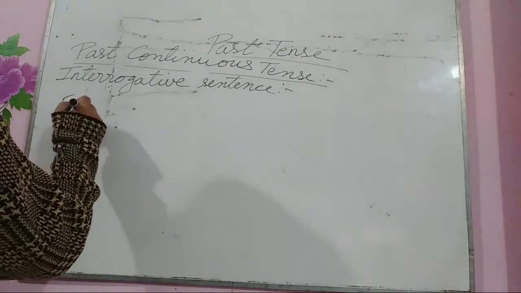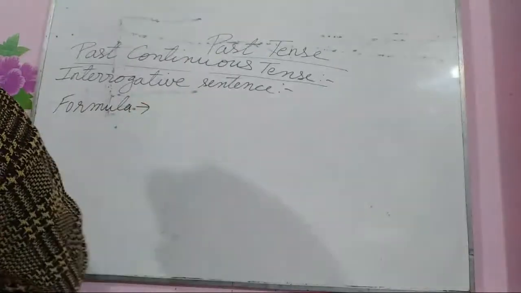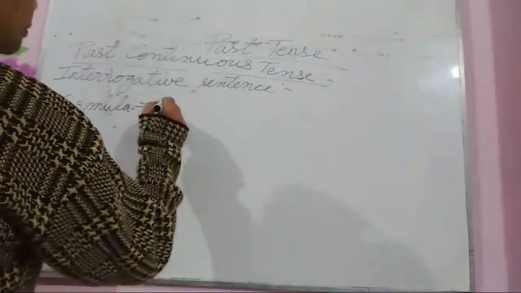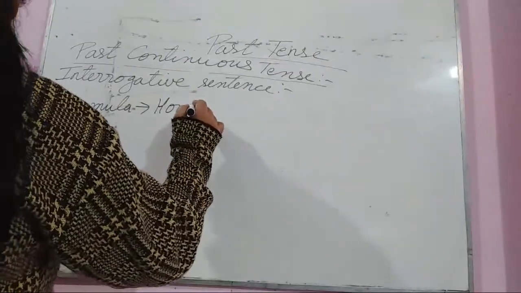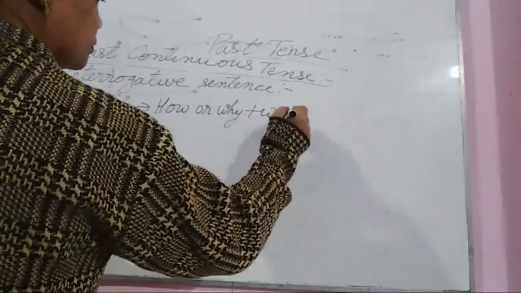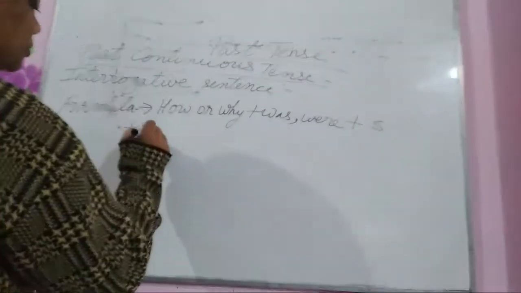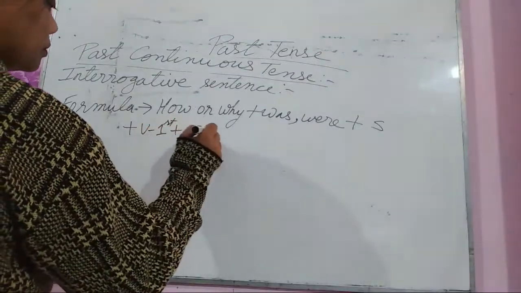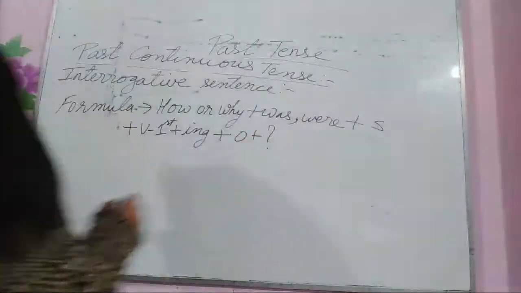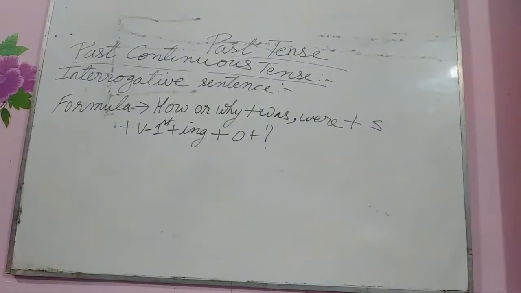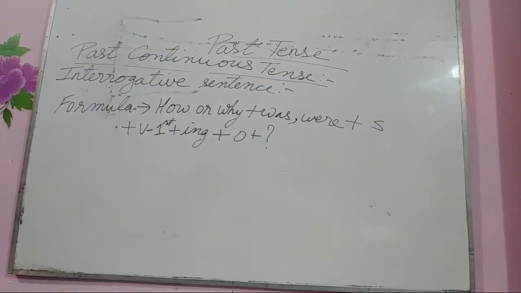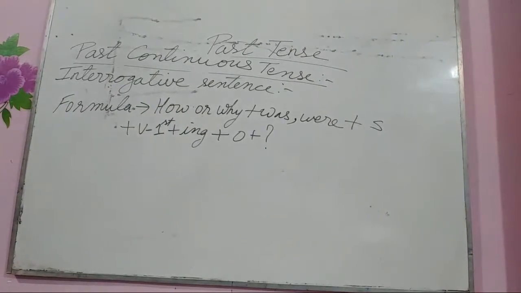So the formula for it, the formula is how or why plus was or were plus subject plus verb of first form plus ing plus object plus question mark.